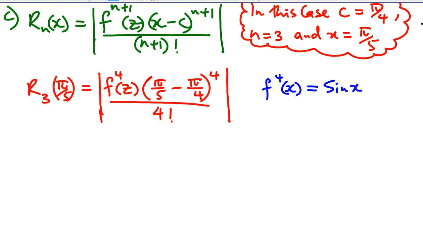So I'll just write this statement down. The absolute value of the fourth derivative of this function at z will be equal to sine z. All right. But we know that the absolute value of sine z is less than or equal to 1. So we shall just take the maximum value of sine z, which is 1.